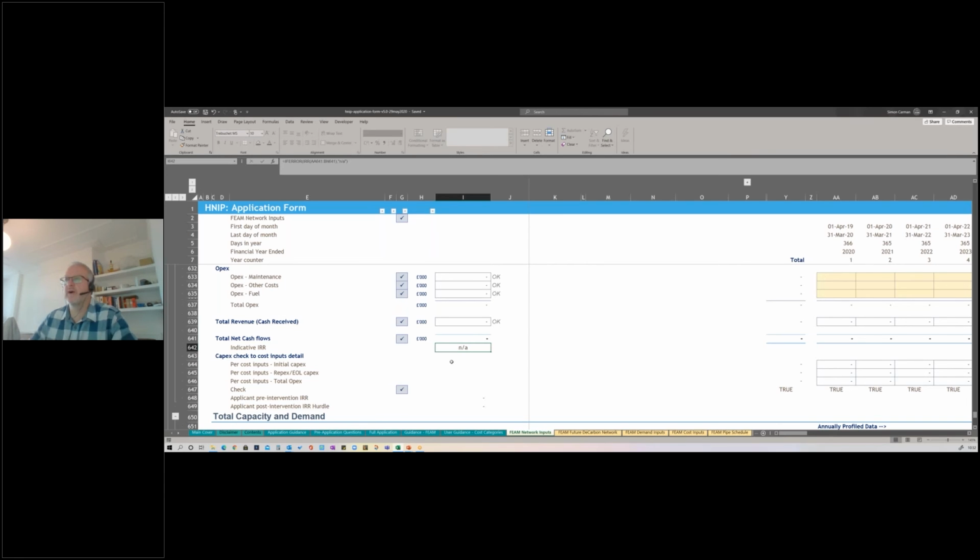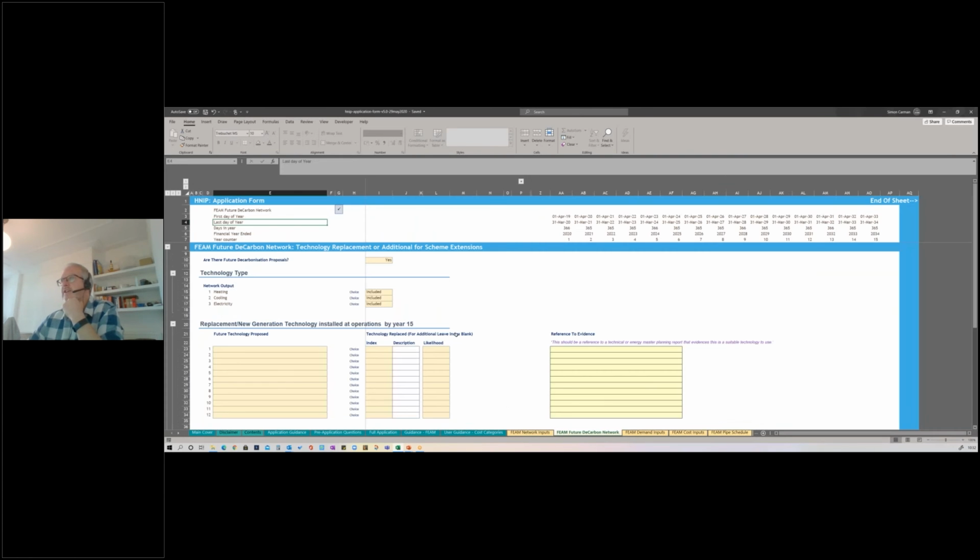You might want to satisfy yourself that the pre-intervention IRR calculated on a real pre-tax pre-funding basis is what you'd expect from what your financial model is calculating. So that's just a check for you as well.